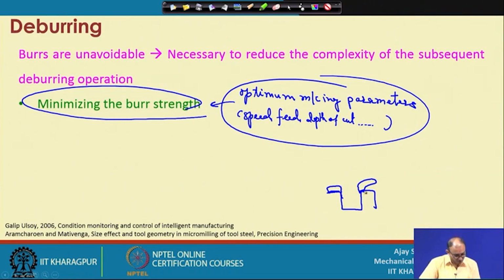If you reduce the area that is welded with the workpiece surface, you are reducing the strength of the burr. Here it is very easy to remove burrs, but here it is difficult because the contact area is large.